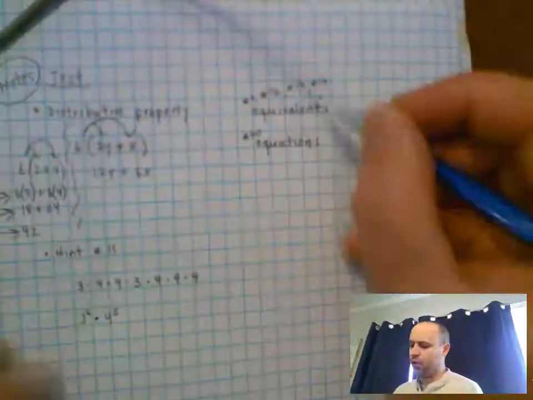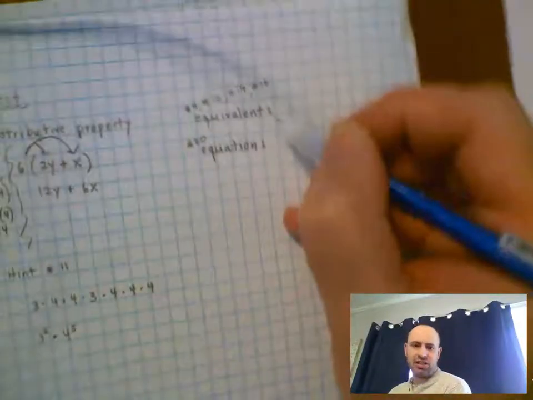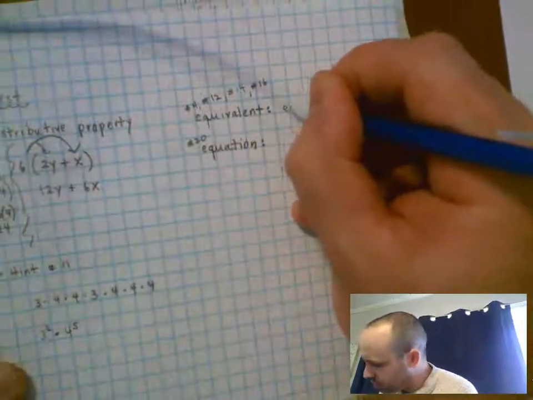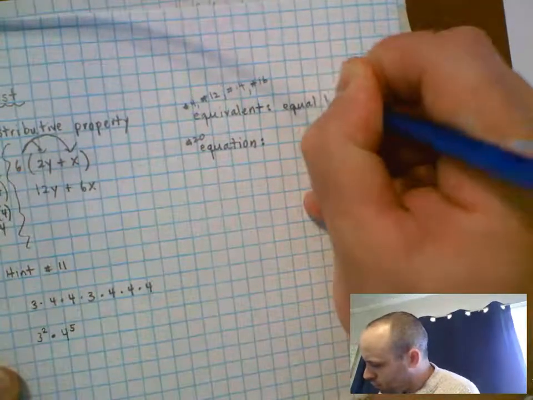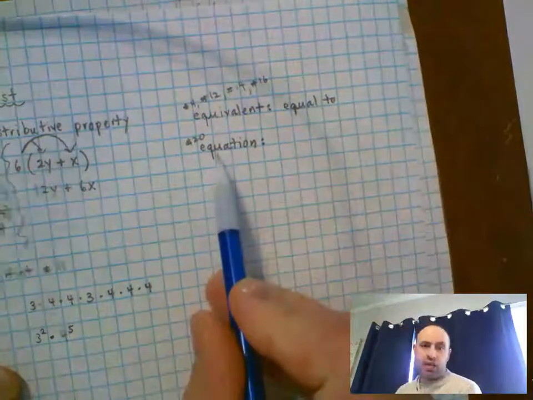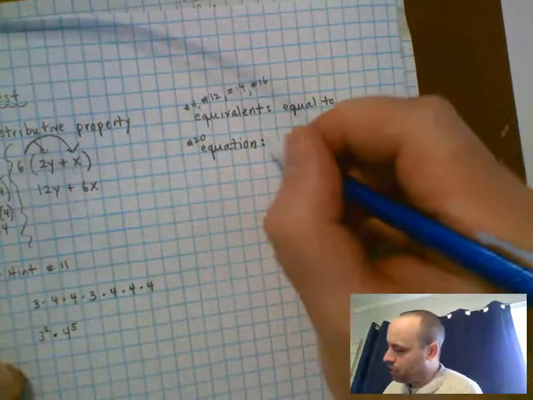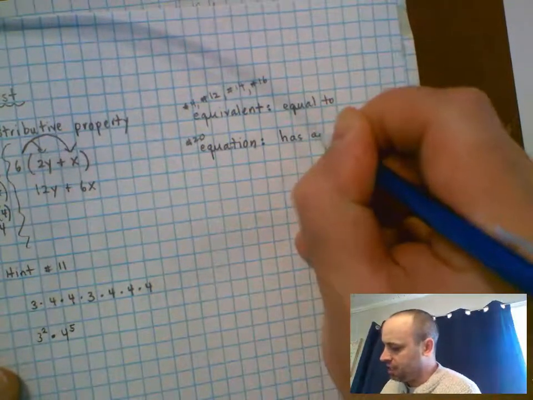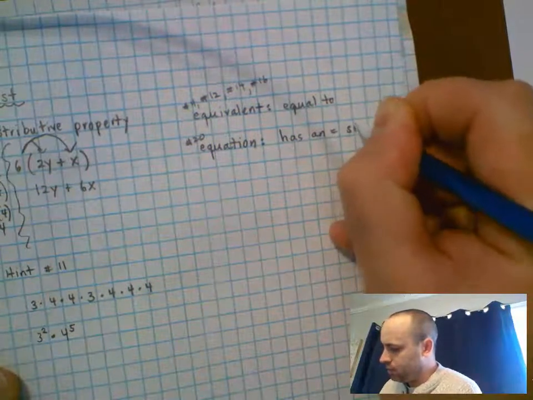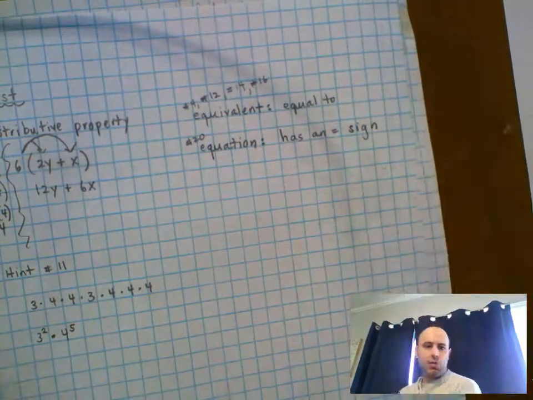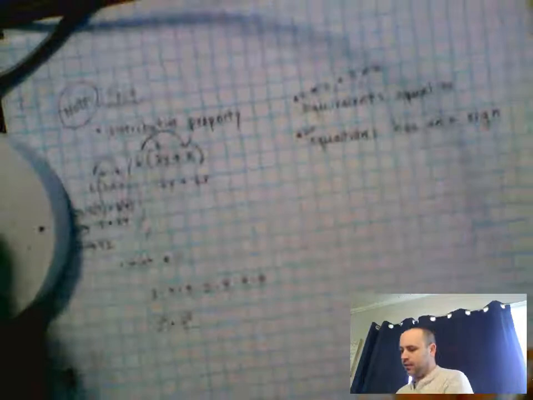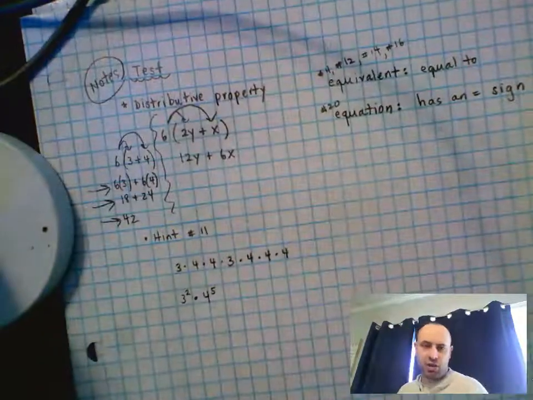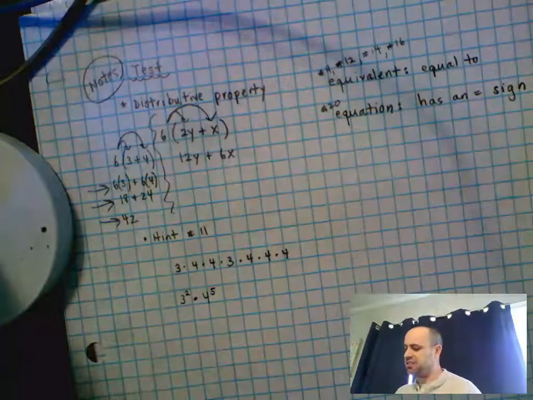Okay, for the word equivalent, that's going to pop up a lot on your test. Equivalent means equal to. And the word equation will pop up on number 20. And make sure you know that an equation has an equal sign. All right? If I didn't give you those hints right there, I think some of you guys might get a little stressed out on those problems, but hopefully those hints.